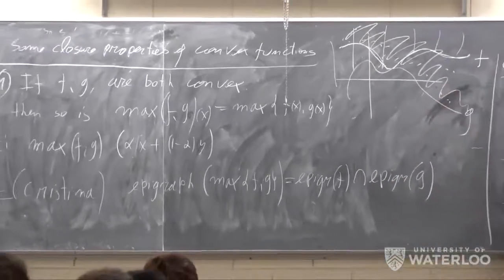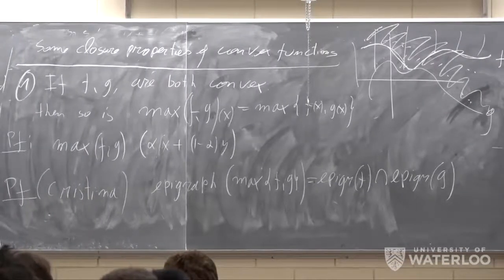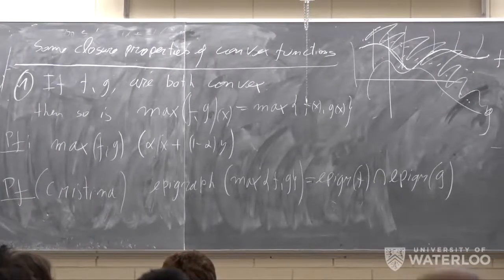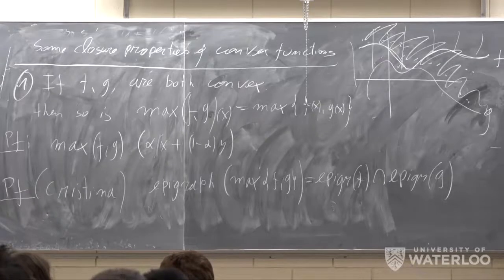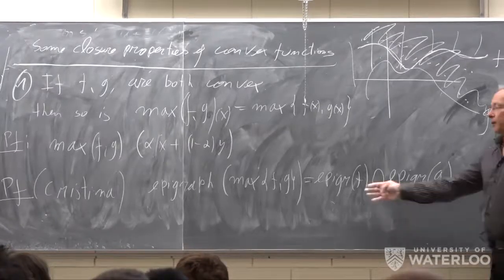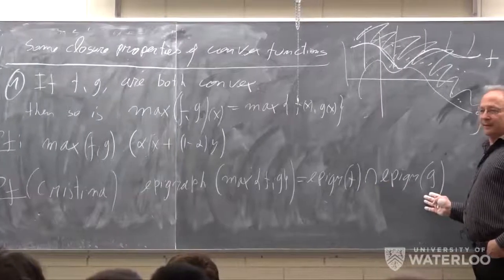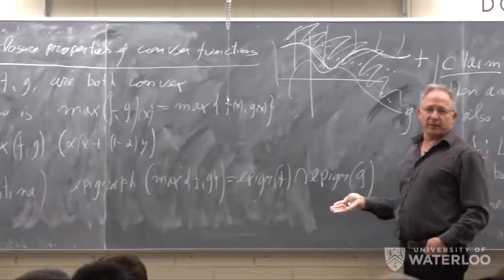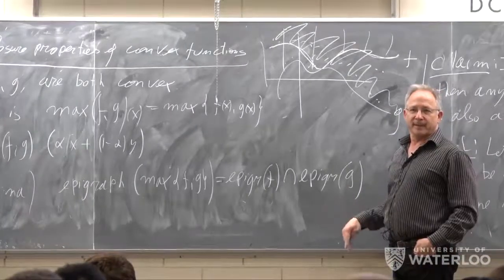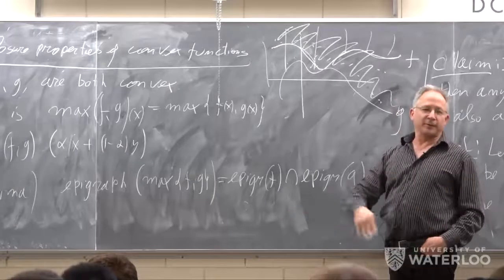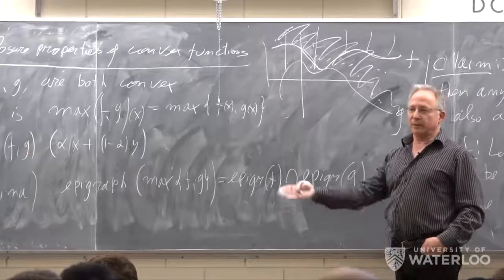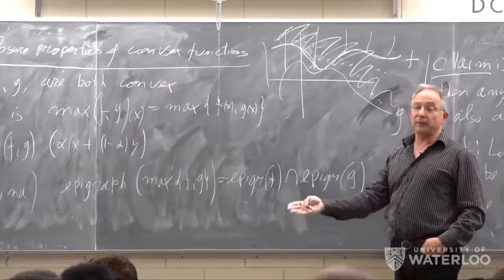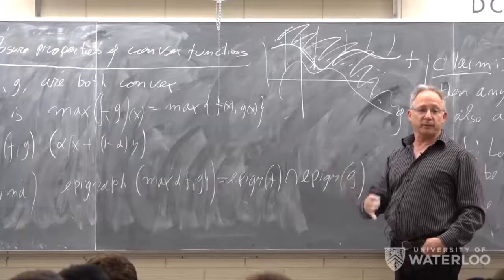A point is above the maximum if it is both above f and above g. And we have shown that intersection of convex sets is convex. So the epigraph of the max function is convex. And therefore, the function is convex, because a function is convex if and only if its epigraph is convex as a set.